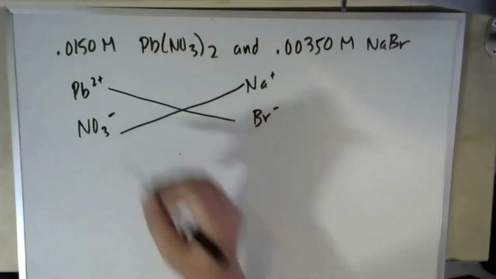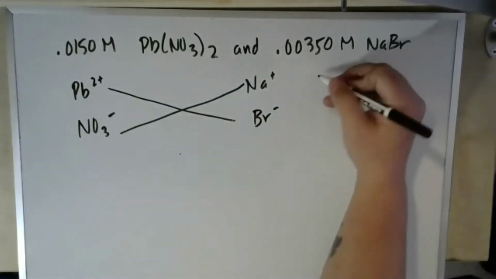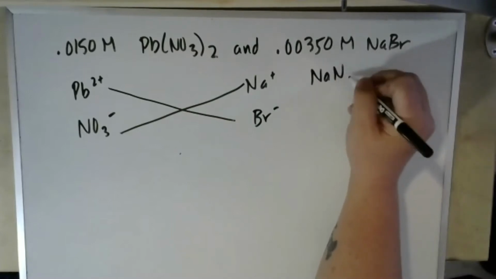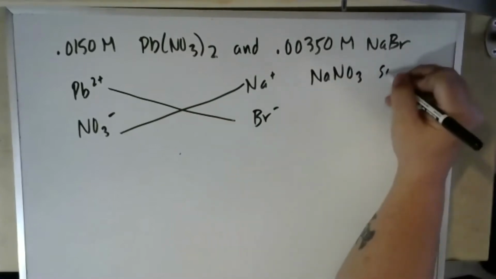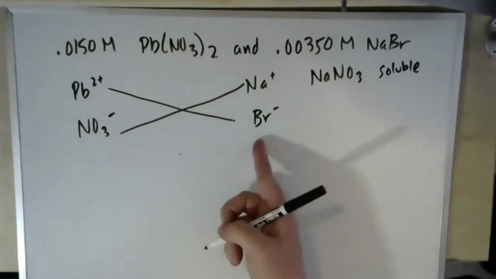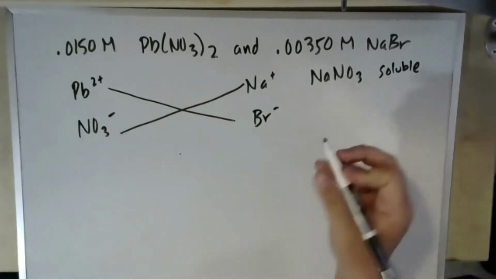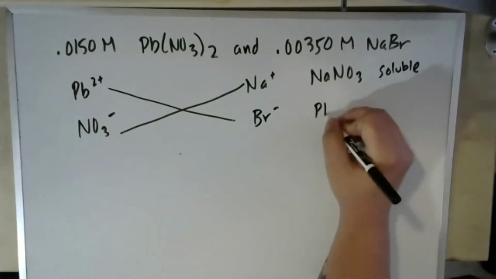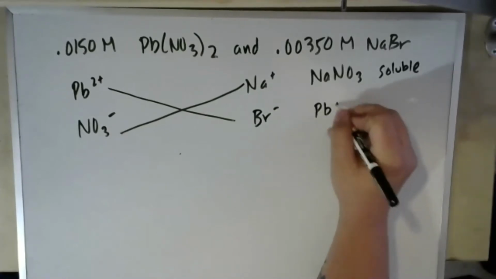So we do our crisscross here to see what products can form. We see that this is going to form NaNO3, which is soluble. And when lead and bromide ion combine, it's going to form PbBr2.